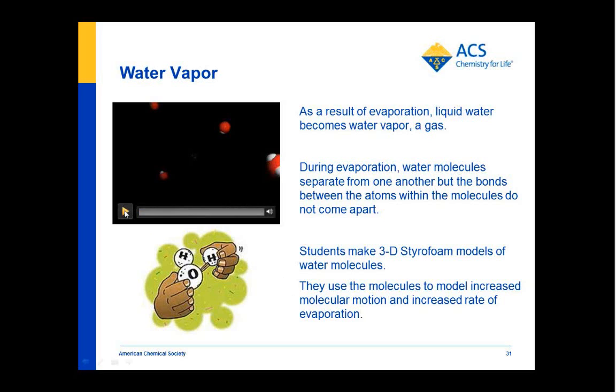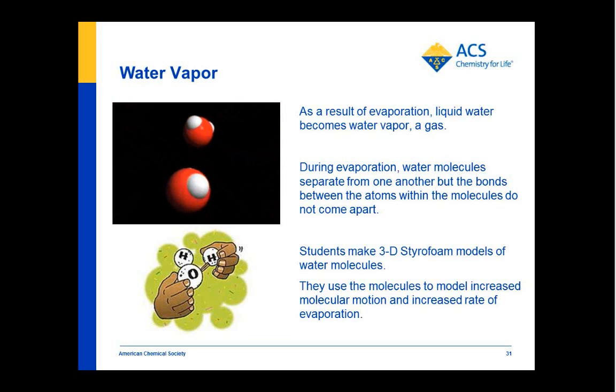Now this, we included this, which is like water vapor. After water has evaporated, it's in the gas phase, and a state change has occurred. But one nice thing about this is that it shows that the water molecules have separated from other water molecules, but any single water molecule doesn't come apart into the oxygen and hydrogen atoms.